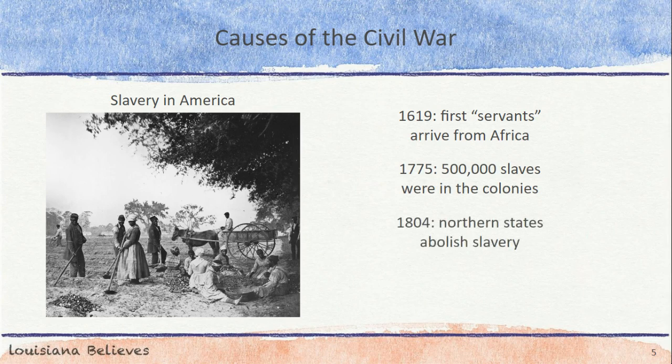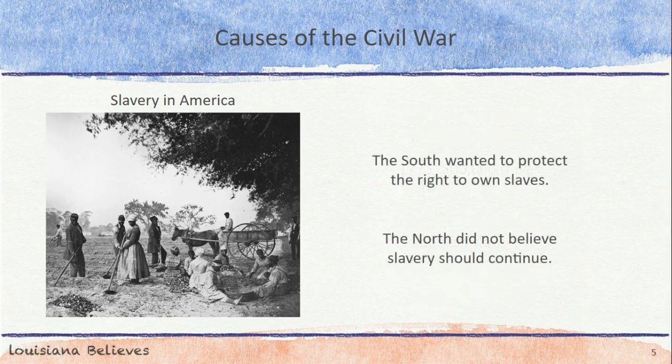By 1804, all northern states had abolished or gotten rid of slavery. The census of 1860 shows that 3.9 million slaves lived in the southern states. A major conflict over slavery arose when the states located in the South wanted to protect their rights to own slaves, while the states in the North did not believe slavery should continue.